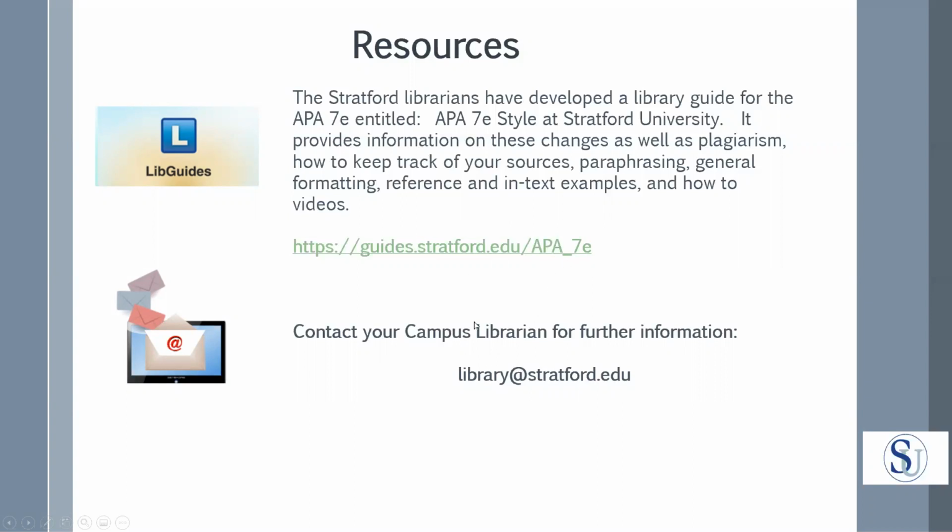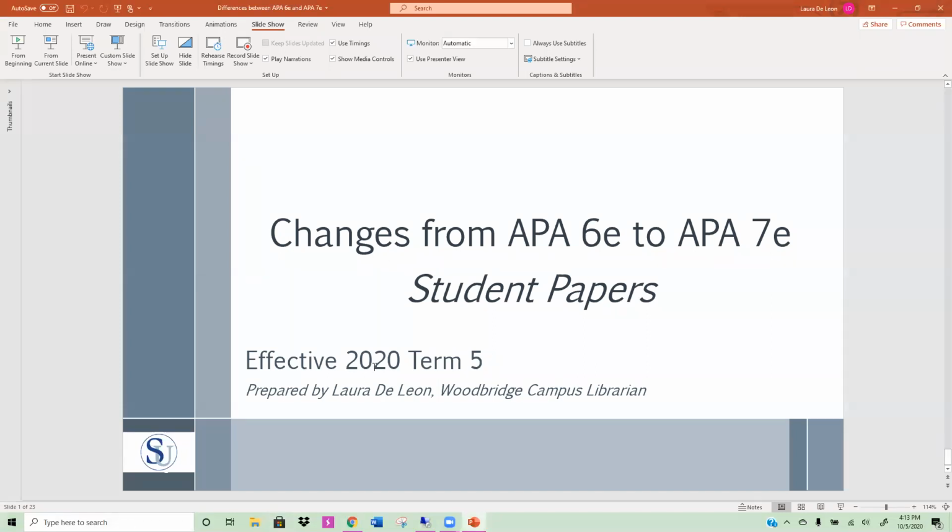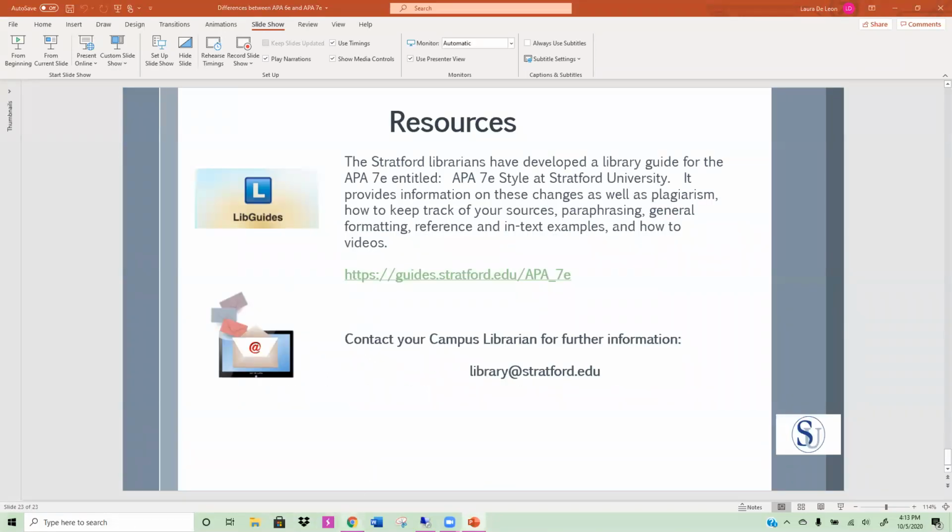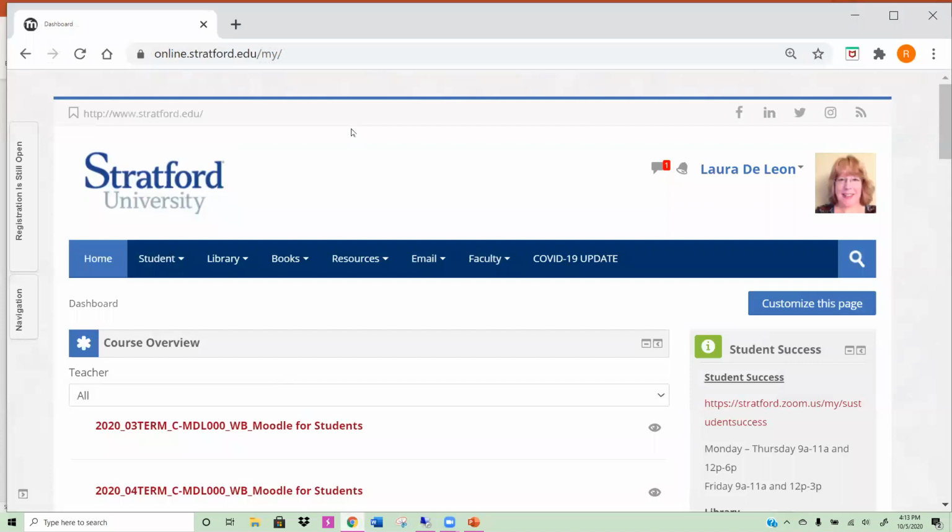So what I'm going to do now is get out of the PowerPoint and go into Moodle to show you the information that's on that LibGuide. Now, there are a couple of ways to get to the LibGuide for the APA 7th edition, one of which is you may have a link in your Moodle class for it, so look for that.